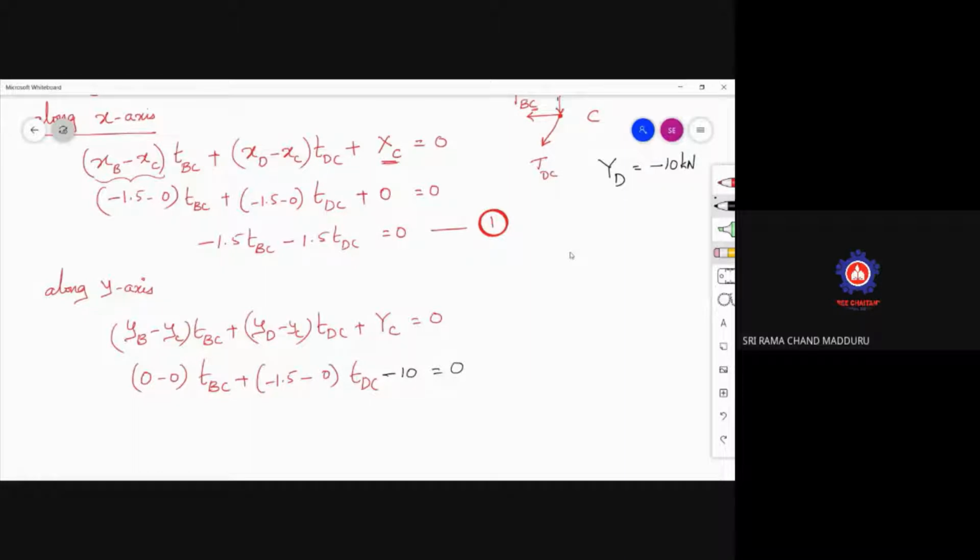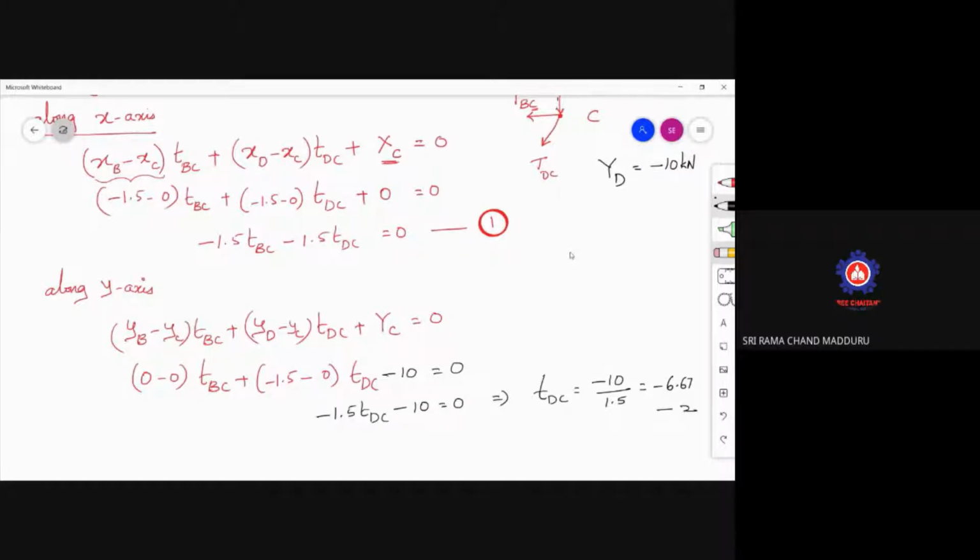Now, 0 into TBC is 0 here, and this is minus 1.5 TDC minus 10 equal to 0. That implies TDC is minus 10 by 1.5, which is minus 6.67. Don't write any unit; this is a tension coefficient. So TDC is minus 6.67.